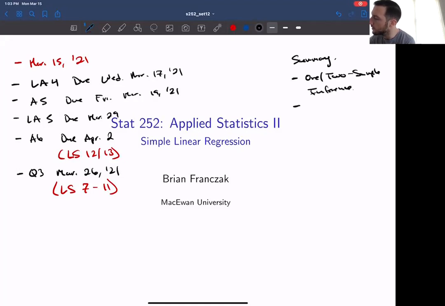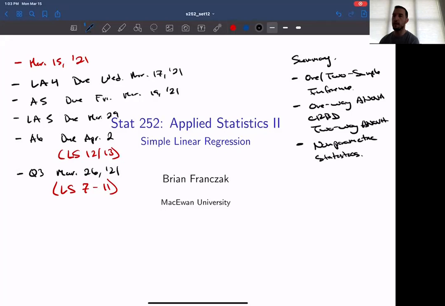We have seen one-way ANOVA, CRBD, two-way ANOVA, and then we have seen non-parametric statistics. Okay, and in the non-parametric statistical part, we just talked about alternatives to 1 sample and 2 sample inference and the one-way ANOVA.